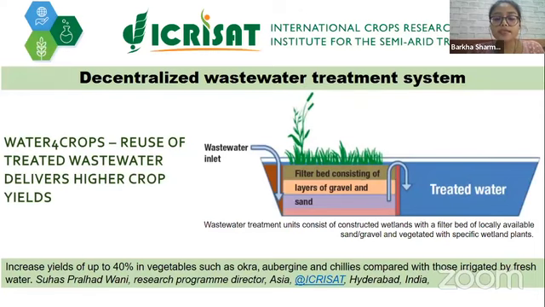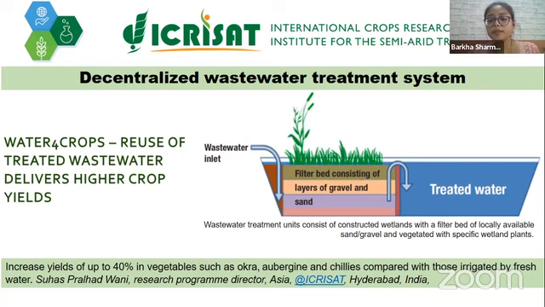In this concern, several international projects are currently running, and among which Water for Crop is a European Indian project in which ICRISAT, that is International Crop Research Institute for the Semi-Arid Tropics, situated in Hyderabad, is the Indian counterpart of that project. The aim of this project is to develop a decentralized wastewater treatment system for the reuse of treated wastewater to deliver higher crop yield.